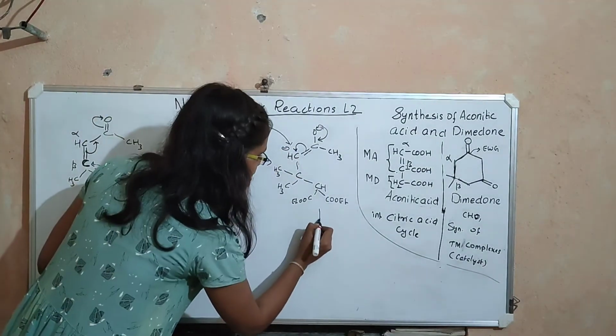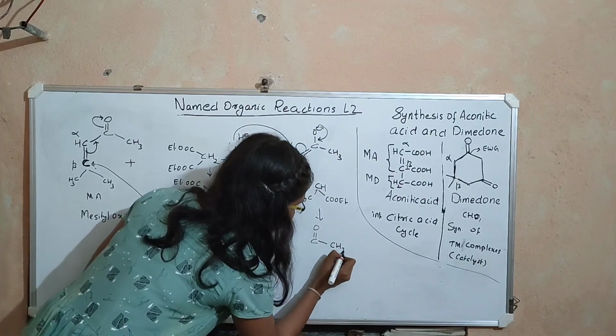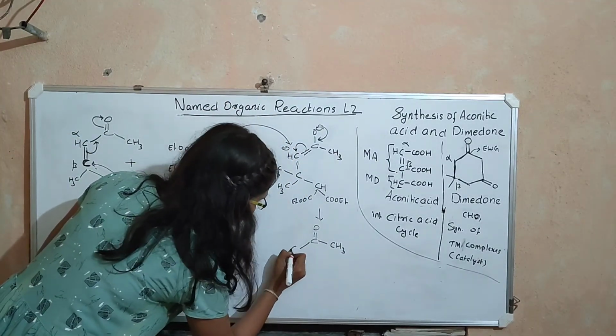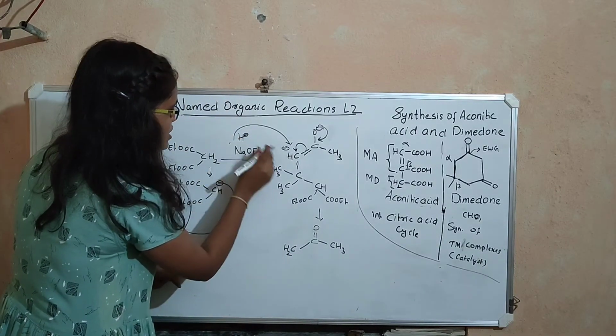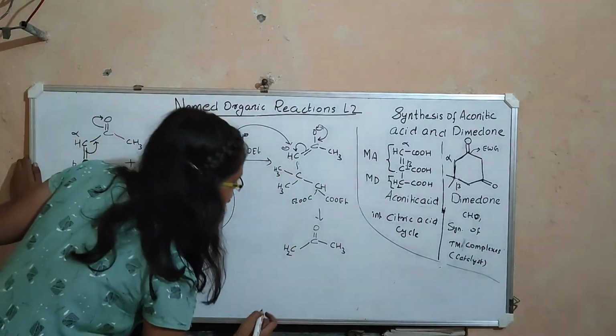Now the product is C double bond O, CH3, single bond CH2, because one more hydrogen, that is a proton, is attacking this carbon, therefore it becomes CH2.